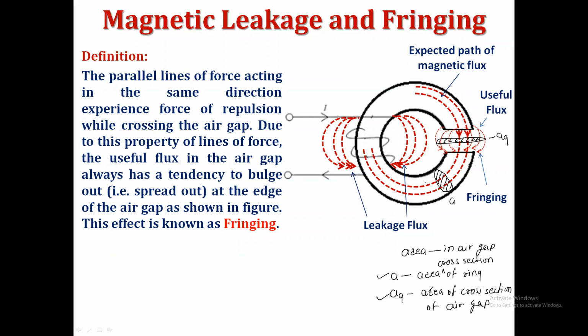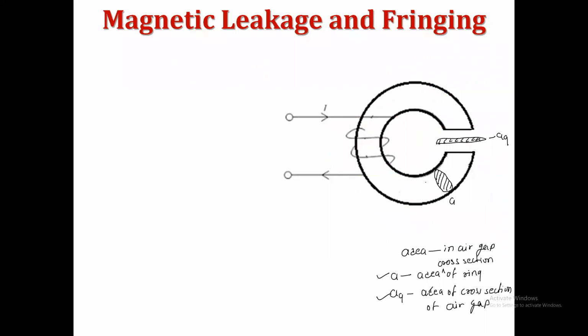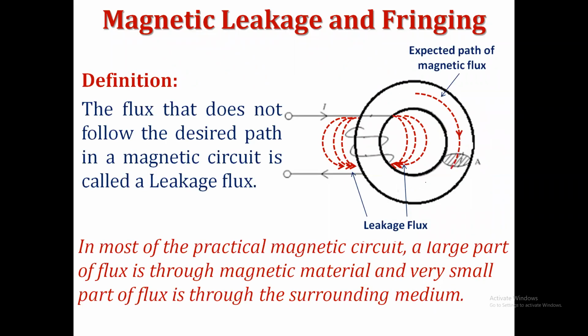Will you please share something about magnetic leakage and fringing? Magnetic leakage means what? Let's first discuss magnetic leakage. What is the expected path of magnetic lines of force?